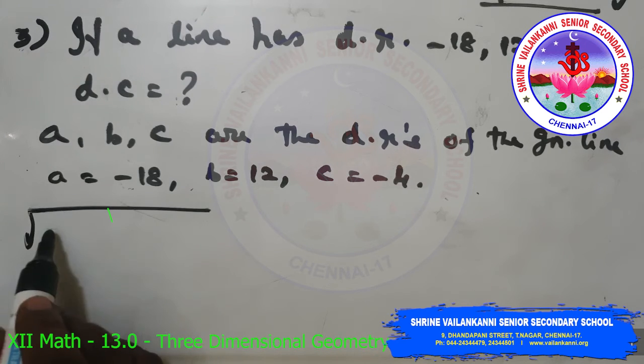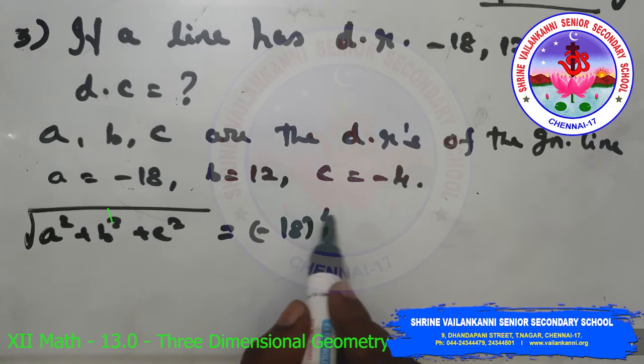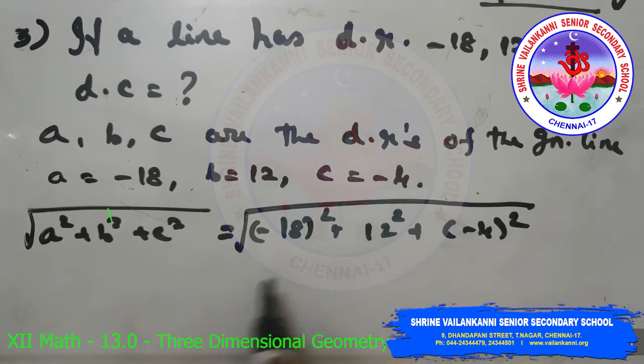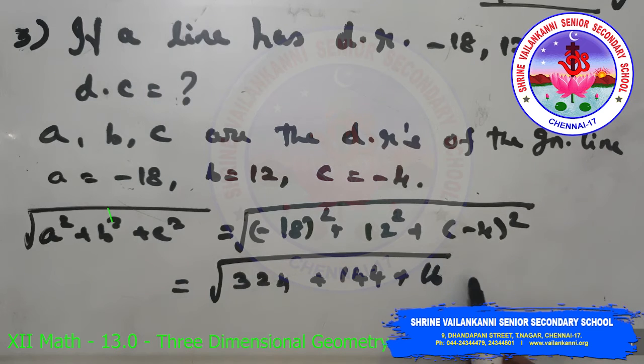So root of a square plus b square plus c square is equal to the root of minus 18 whole square plus 12 square plus minus 4 whole square, which is 324 plus 144 plus 16, equal to root 484, which is 22. Now we have to find the direction cosines, where l is a by root of a square plus b square plus c square, m is b by root of a square plus b square plus c square, and n is c by root of a square plus b square plus c square.